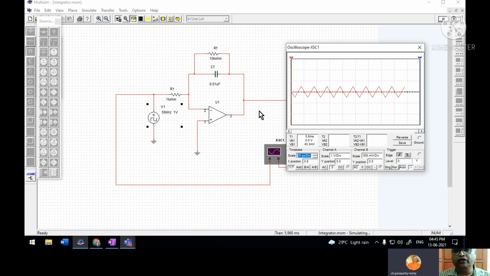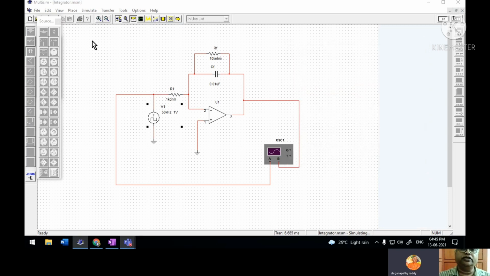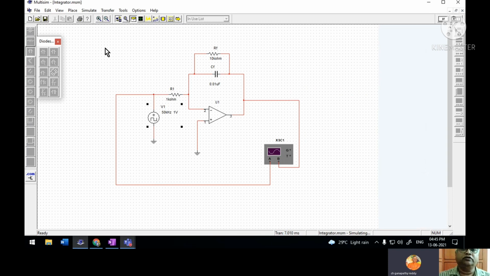Plot the input and output waveforms, and also plot the frequency response that the AC analysis has shown now, for the integrator. So with this I am closing. All of you finish the exercise.